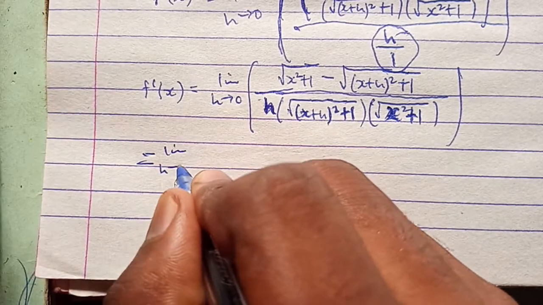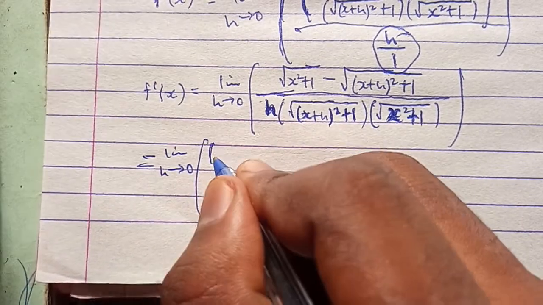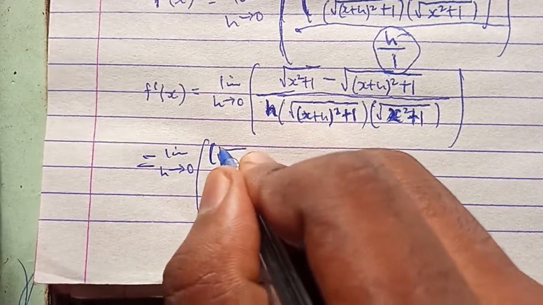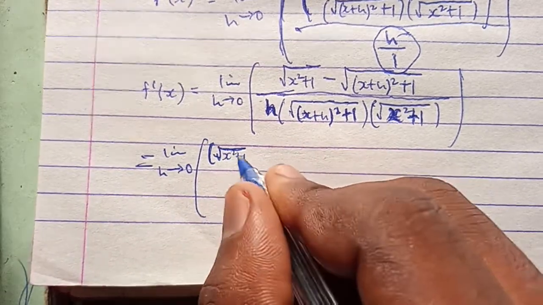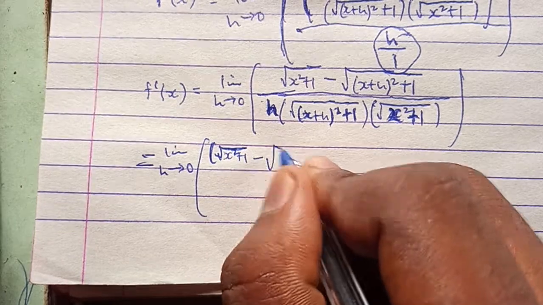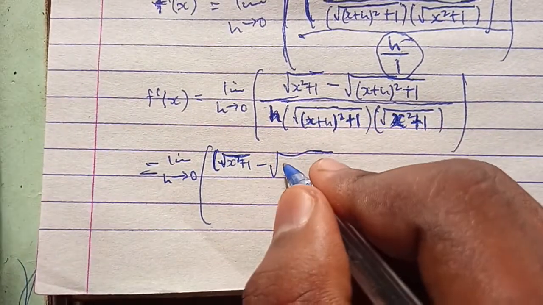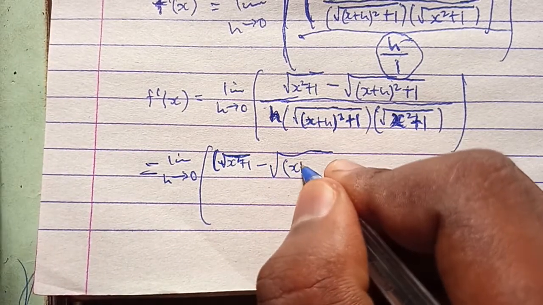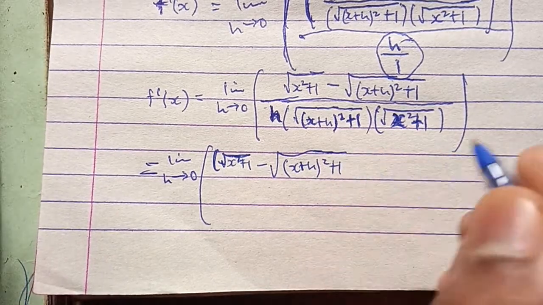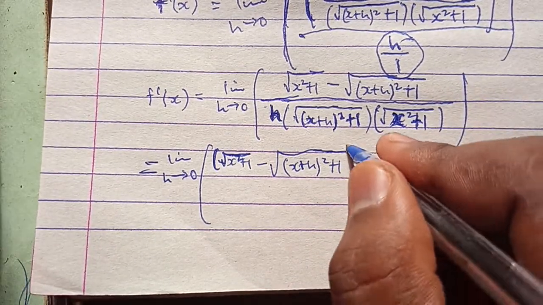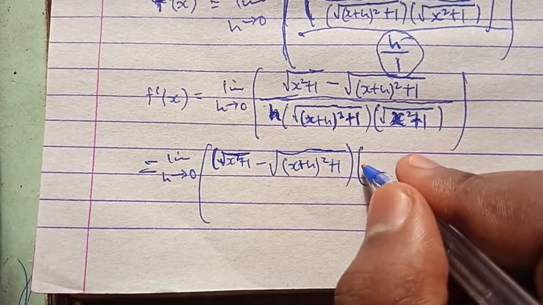the limit as h approaches 0 of, bracket, square root of x squared plus 1 minus square root of, bracket, x plus h squared plus 1 under the square root rather, then bracket close, multiplying by another bracket, that's the conjugate.